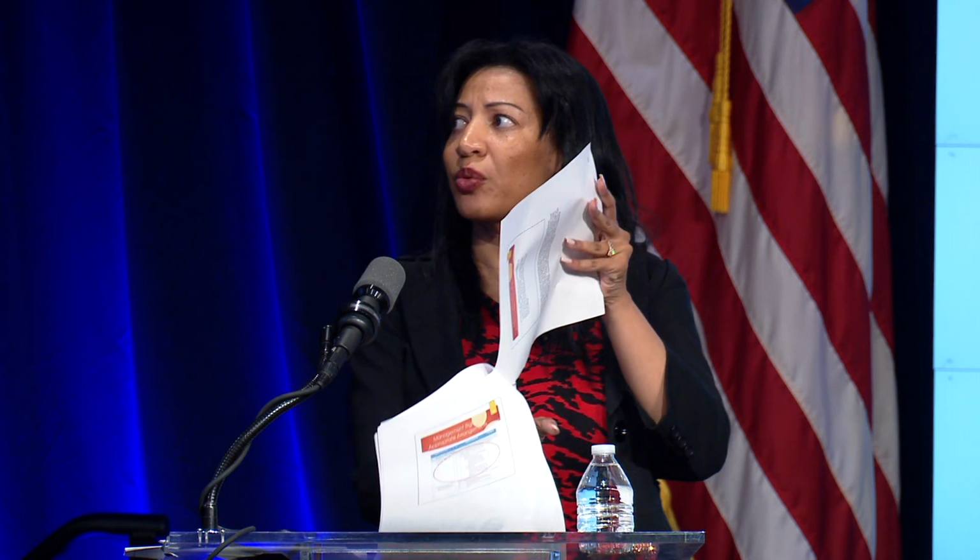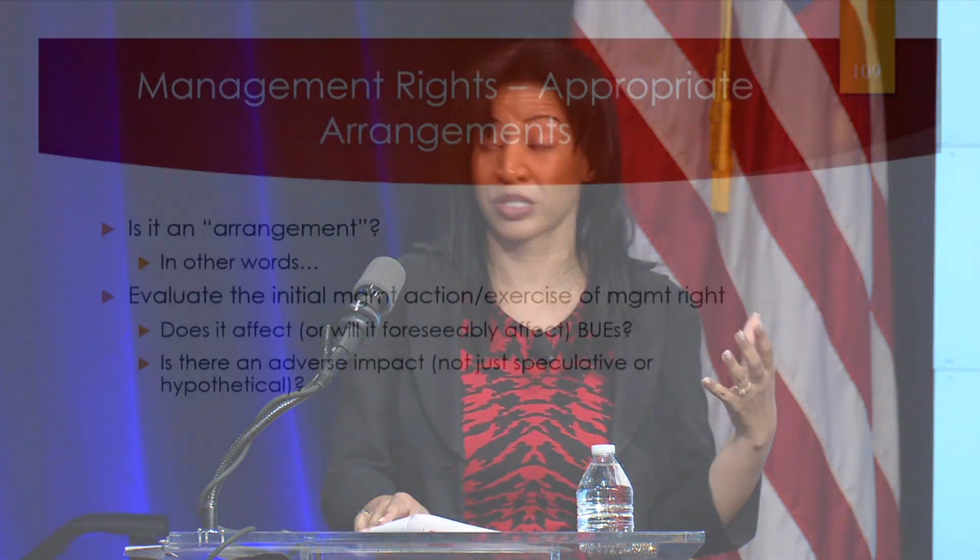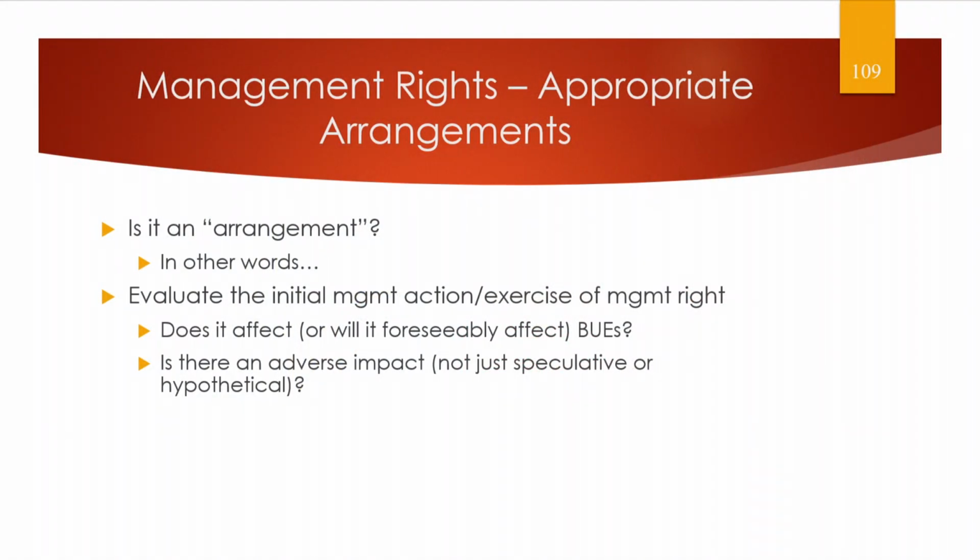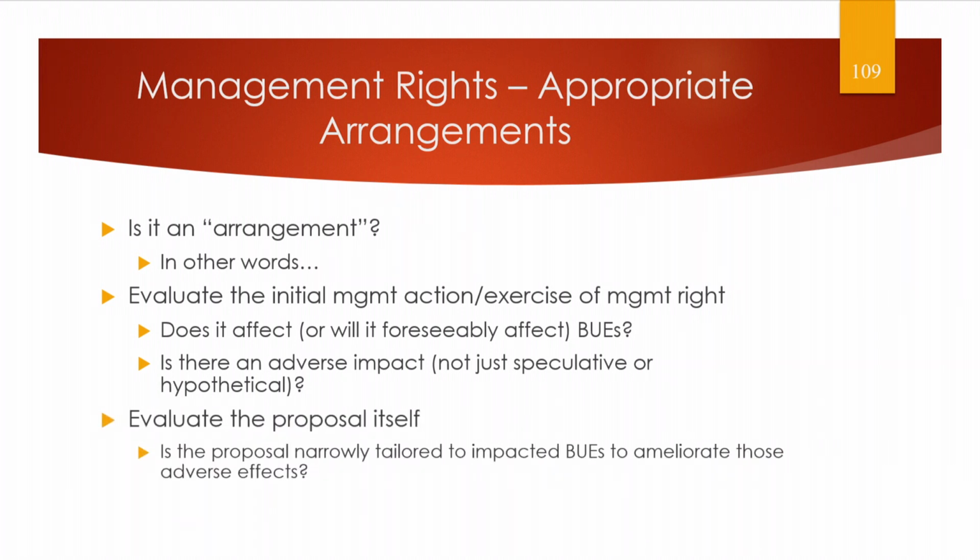So in other words, you want to evaluate first the initial management action or exercise of management rights. Does it affect or will it foreseeably affect bargaining employees? That's question number one. And then next, is there an adverse impact from that action? Then you're going to look at the proposal itself. Is the proposal narrowly tailored to impacted bargaining unit employees to ameliorate those adverse effects?